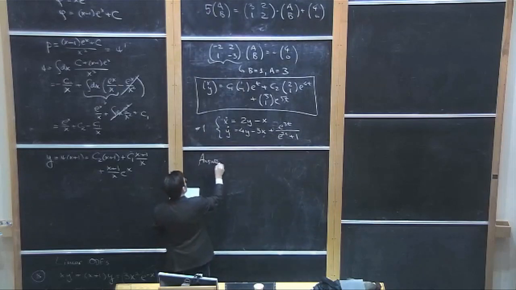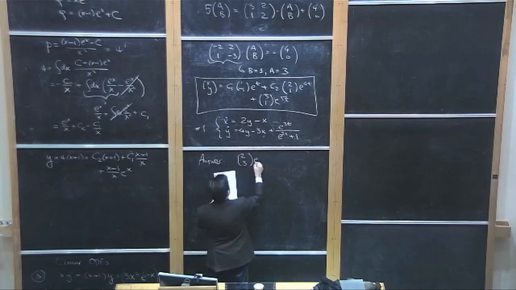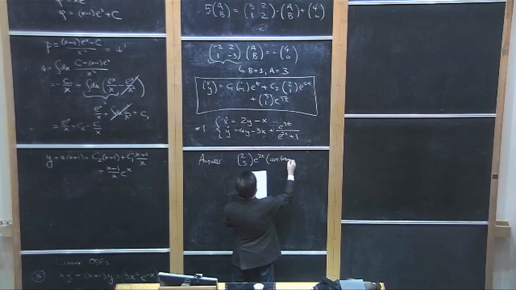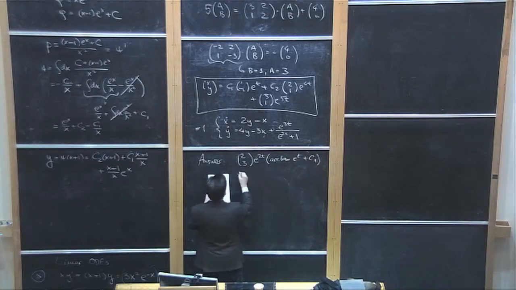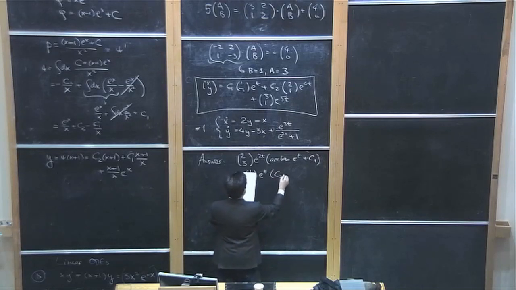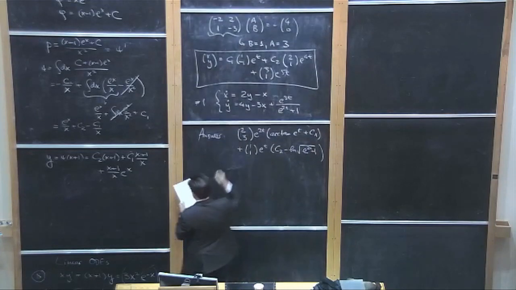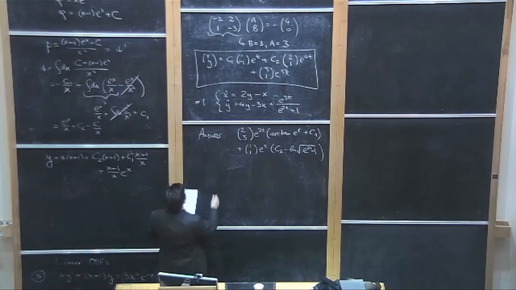Answer, to check yourself: (2, 3) e to the 2t arctangent e to the t plus C1, plus (1, 1) e to the t C2 minus log square root of e to the 2t plus 1. All right? This one is a bit harder than the one that I showed you on the board. Here's another one.